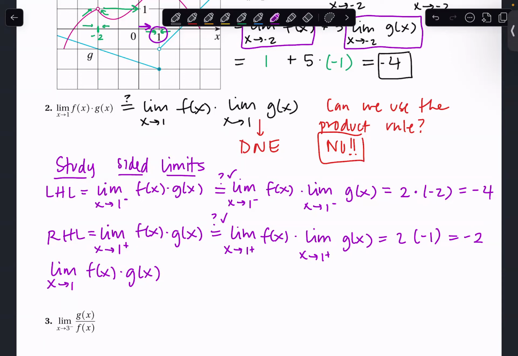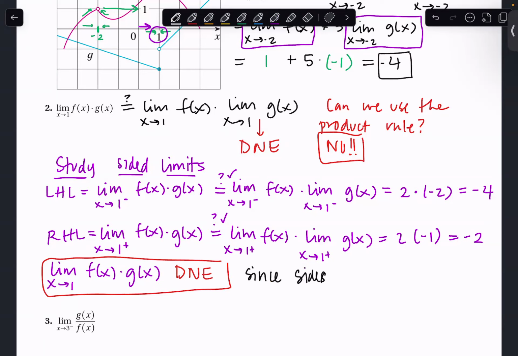I can actually answer the question now. This original limit that I wanted does not exist, since the sided limits don't equal each other, don't agree. My left-handed limit and my right-handed limit were 2 different numbers that I got here.